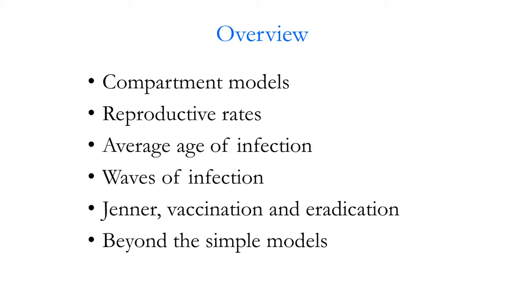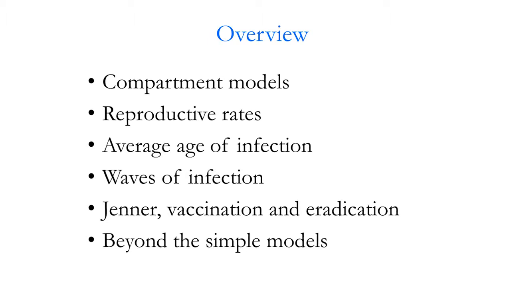For example, a susceptible person can become infected, and an infected person could recover and become immune. And also people join the susceptible compartment, usually by being born, although there are various other compartment models that I'll mention later on. And of course, death causes you to leave the population.